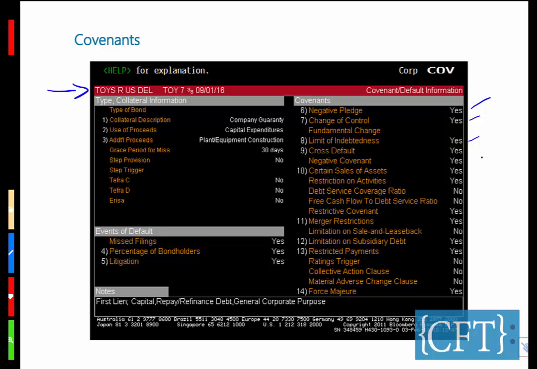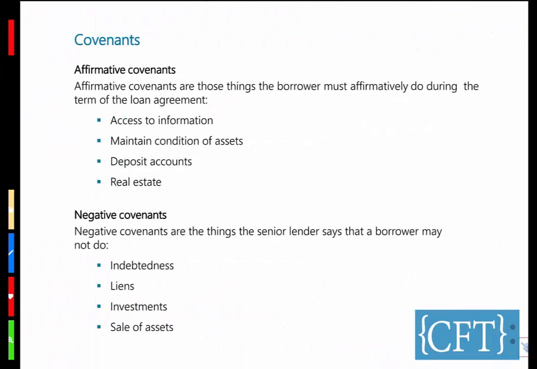Now, we're not going to go through in a large amount of detail all of the different covenants that are available, but what we do need to realize is that effectively they come into two separate categories, and that is affirmative and negative covenants. An affirmative covenant is the borrower promising they will do something throughout the life of the debt, whereas a negative covenant is saying I will not do something.